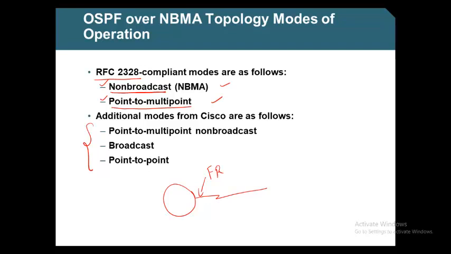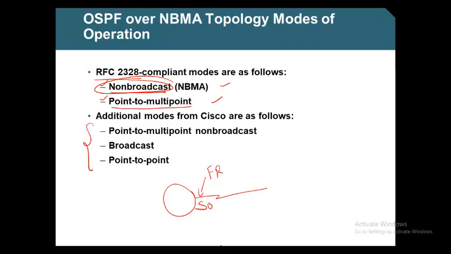We switch from HDLC to frame relay. When you do that, this is what OSPF will show you. When you go under show ip ospf interface serial 0, the network type will not be point to point.